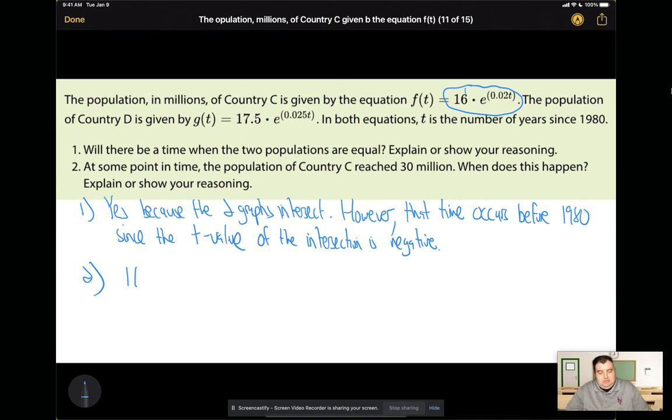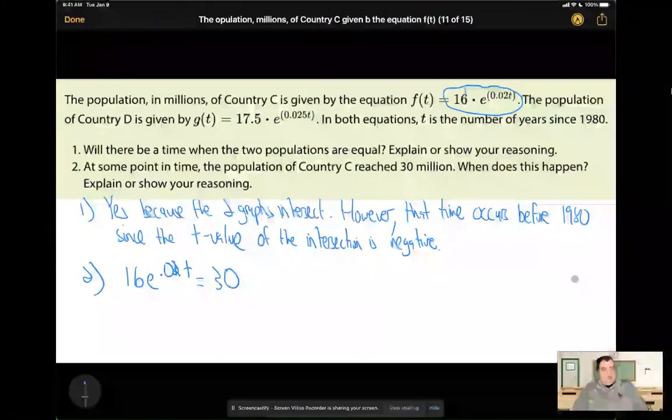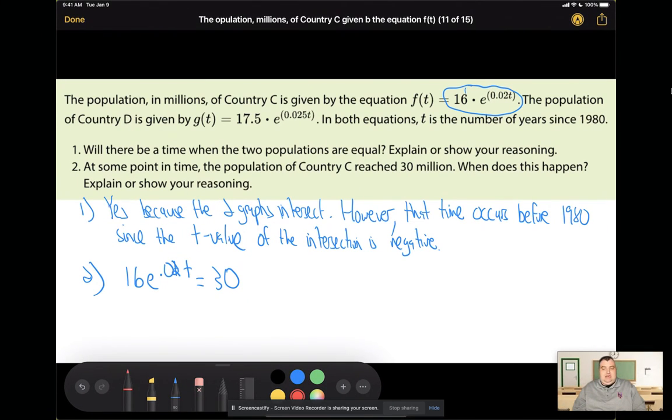So what I'm going to do is take this function, 16 times e to the power of 0.02 times t, and set it equal to 30, okay, with the understanding that 30 really means 30 million. Okay? So that's how I'm going to figure that out.